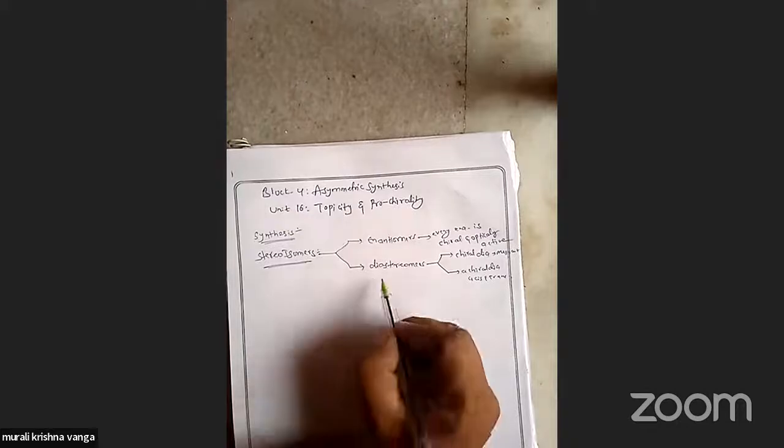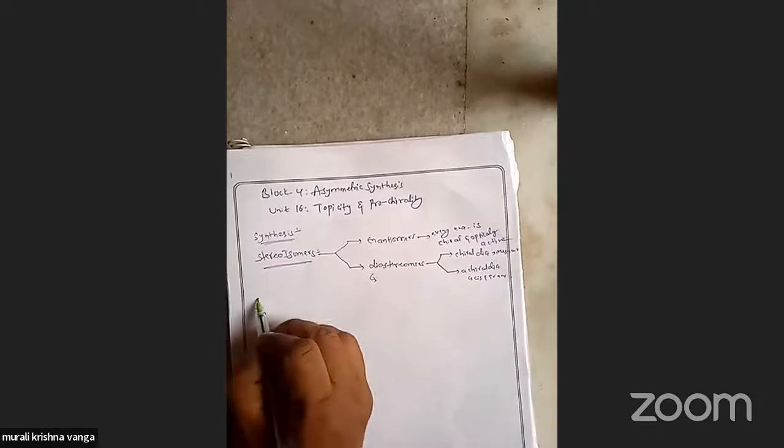That means some diastereomers are chiral and some diastereomers are achiral. But every enantiomer is chiral and optically active. This is it. Next is stereoselectivity.